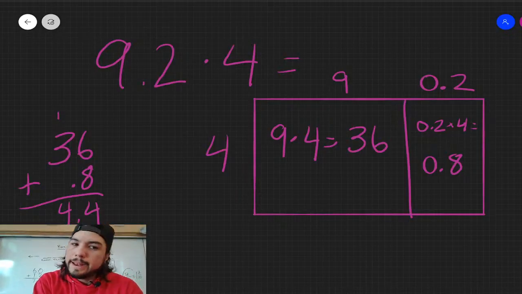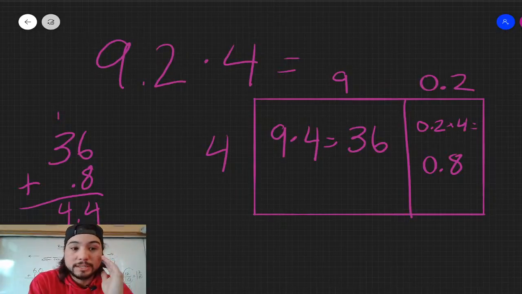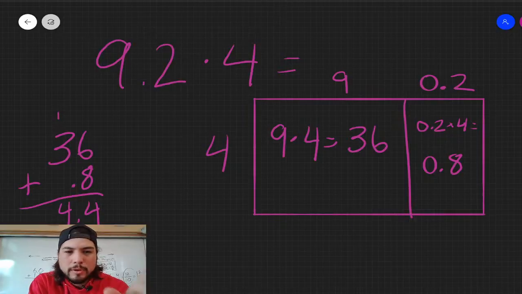Right? And now this is a good time to think about reasonableness. When I say reasonableness, I mean looking at your answer and thinking, is that reasonable? Would it be reasonable, if I had 9 and some change, 9 and a bit, and I multiplied that by 4, that my answer would be 4 4/10? It's not reasonable, right? Saying 8 times 8 is 63 instead of 64, that's reasonable because it's close, right?